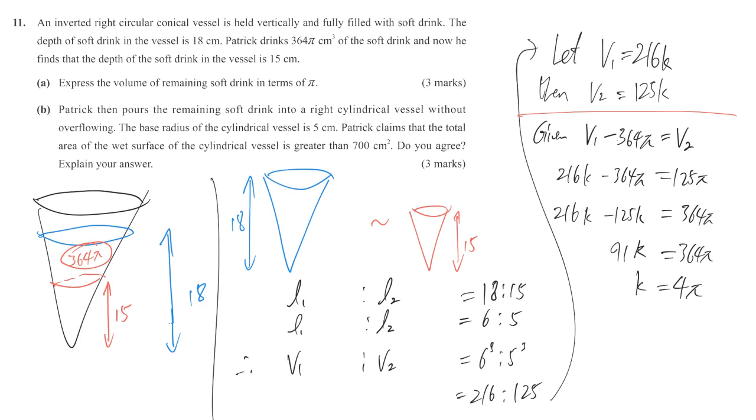And it's helping you to answer your question. What we want is the remaining soft drink, right? That means we need V2. So finally you answer it. V2, the remaining volume, is 125 times 4 pi. We get 500 pi.